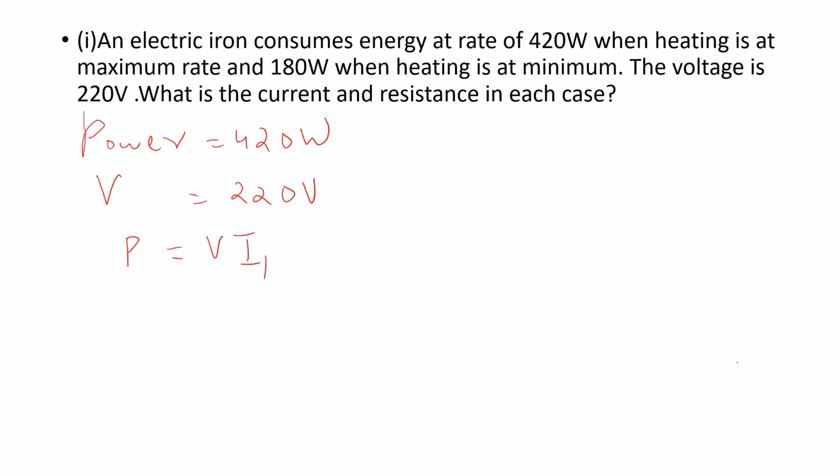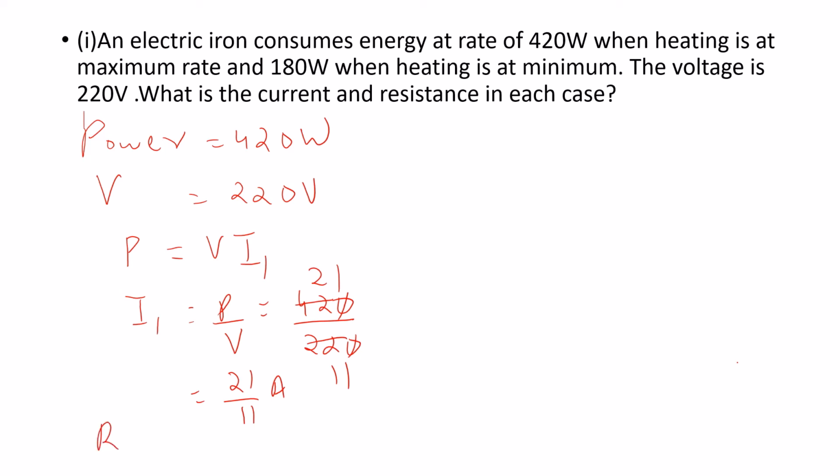So here I am going to give it as I1. So I1 will be equal to P by V. So 420 divided by 220. So that will give you 21 by 11 ampere. So after finding the current, we have to find out the resistance.